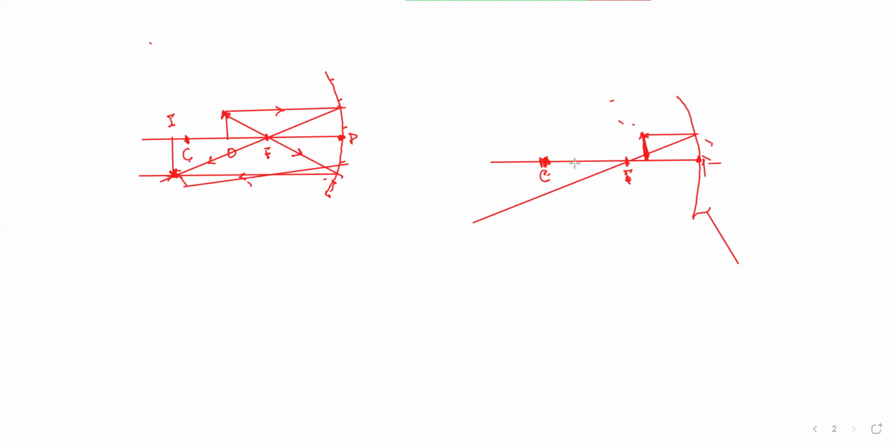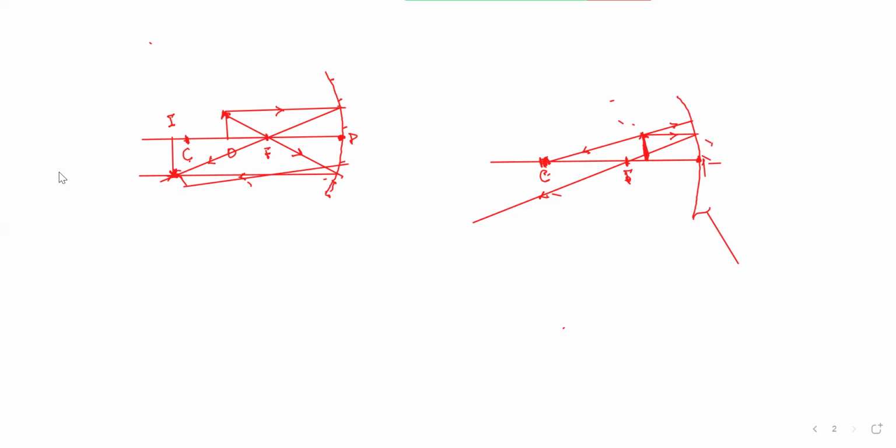Good. So a ray of light passing through C must hit the mirror at 90 degrees. And when that happens, we have the incident and the reflected ray. Look at the two reflected rays, this one and then this one. There's no way they will ever meet in front here. So we extend the rays at the back of the mirror where they appear to meet.